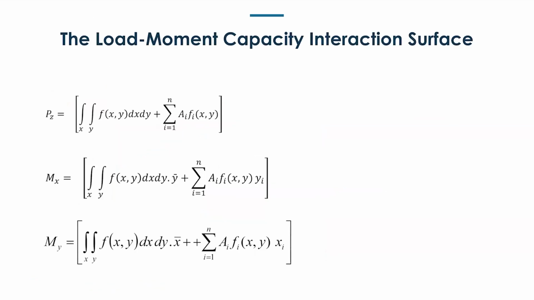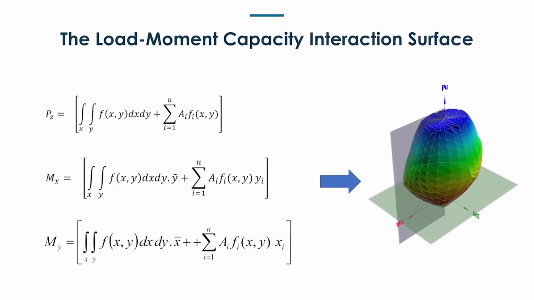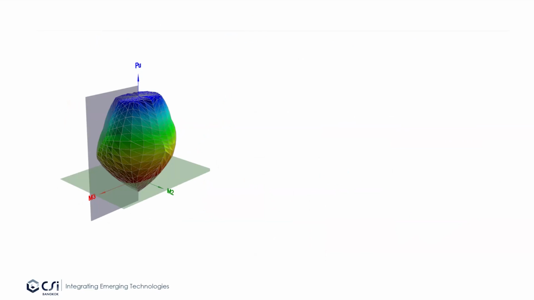Now, the same thing can be applied to three quantities, the two moments as well as the axial load, and you get not one, but three numbers, and you get this interaction between axial and flexural capacities, which is called the axial-flexural interaction surface. We can visualize this interaction surface in two ways.